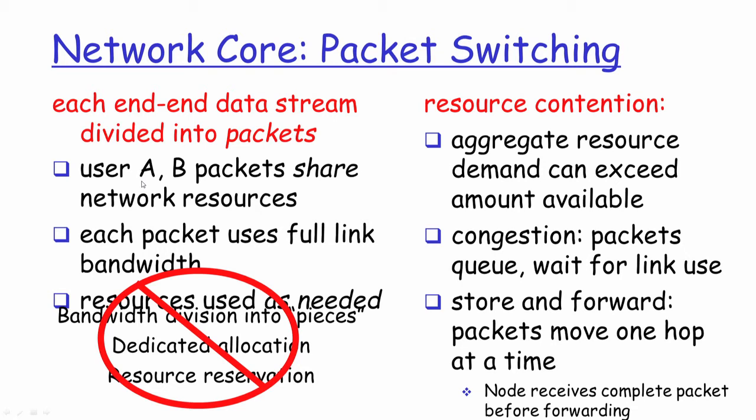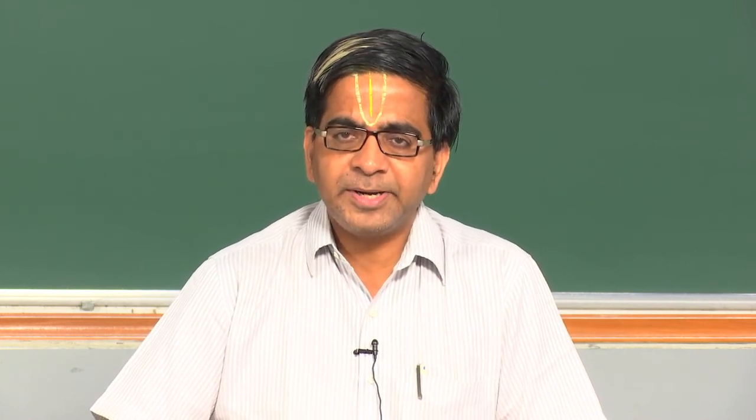What we mean by that is that whenever a packet comes into the network, it will be sent to the destination as if it is the only packet currently available on that particular device in the network core.